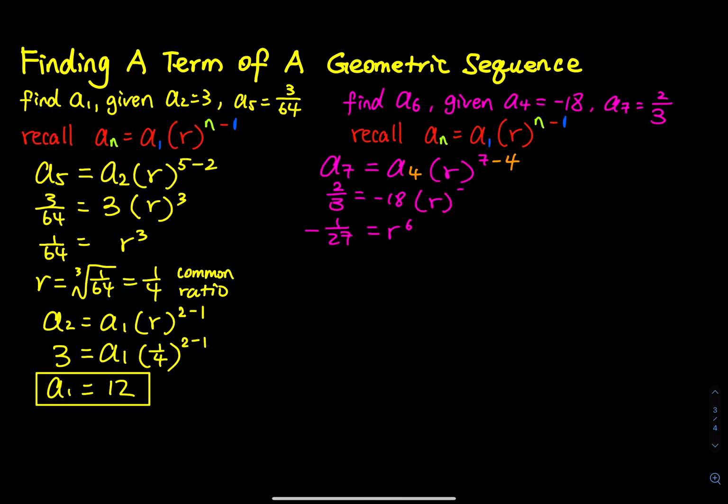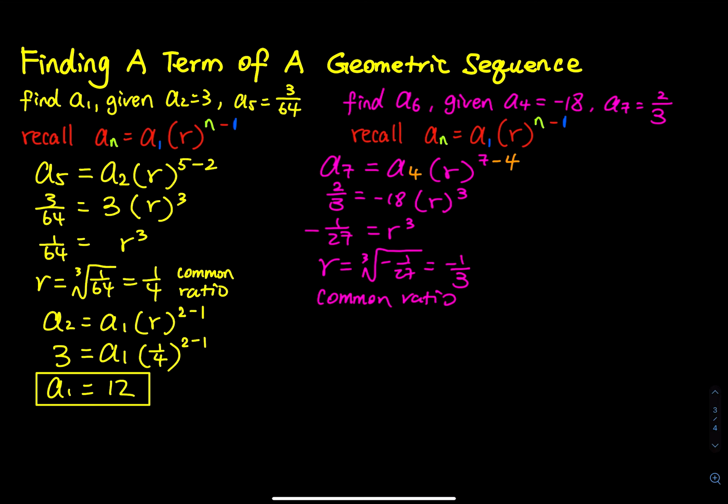This is the third power, because 27 is 3 cubed. So r equals the cube root of negative 1 over 27, so you have negative 1/3. And this is my common ratio.